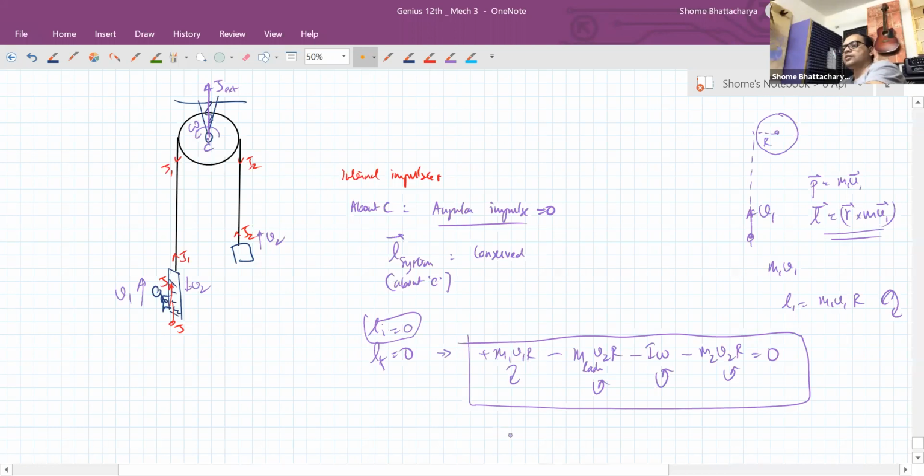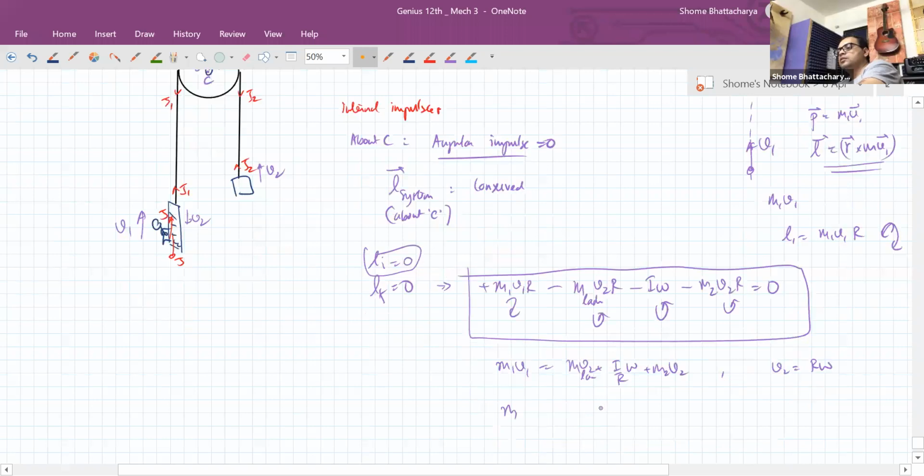So from this you will get the relation that M1 V1 will come out to be mass of the ladder into V2 plus I by R into omega plus M2 V2. And then you put the constraint relation that V2 is equal to R omega. So you will get M1 V1 is equal to mass of the ladder plus mass of the counterbalance plus I by R square, into V2. So you get that relation.